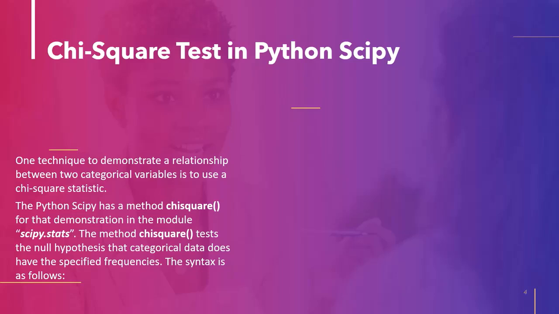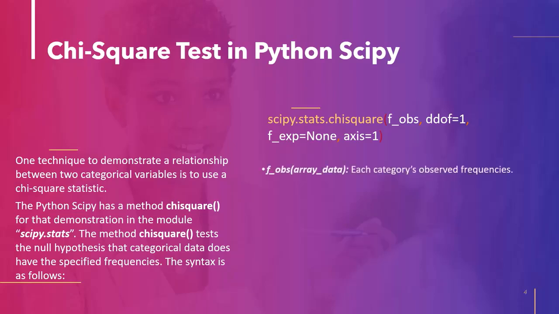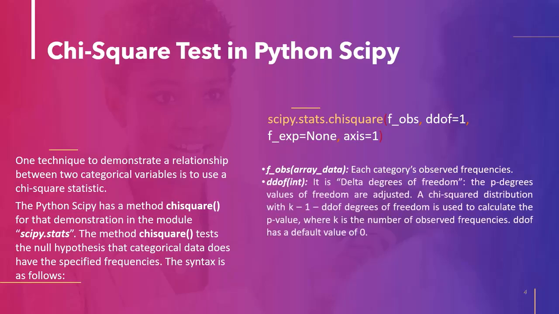The syntax of the method is as follows, where the parameters are f_obs, which represents the observed frequencies in each category, and ddof, delta degrees of freedom. It is an adjustment to the degrees of freedom for the p-value. The p-value is computed using the chi-square distribution with k minus 1 minus ddof degrees of freedom, where k is the number of observed frequencies. The default value of ddof is 0.